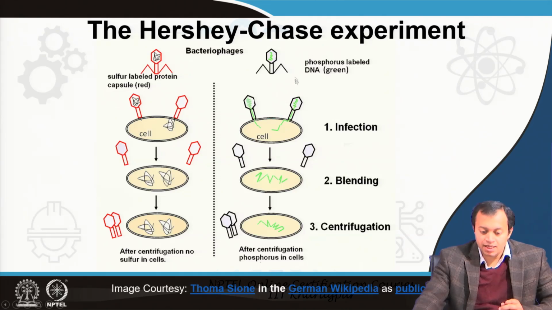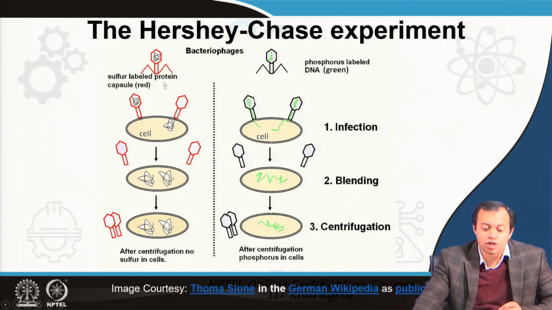On the other hand, when they separated the infected bacteria from the viruses, they found that phosphorus is present in the bacterial cell, meaning the inner nucleic acid material is getting inside the cell and transforming the cell itself.